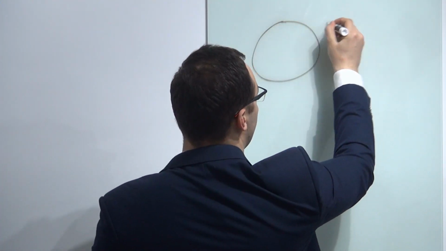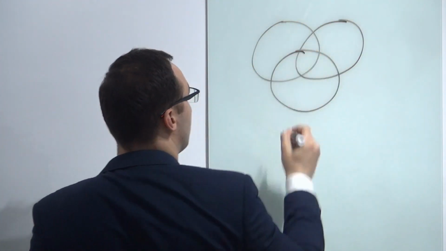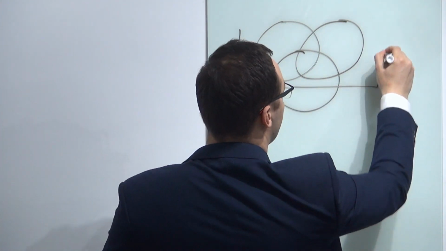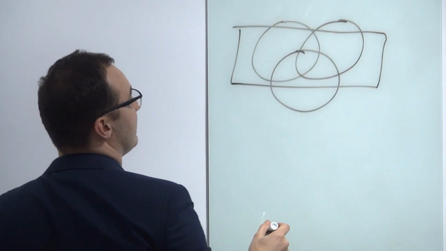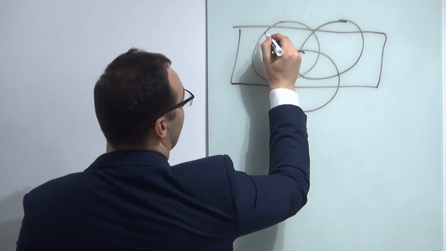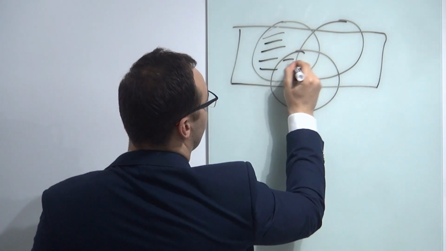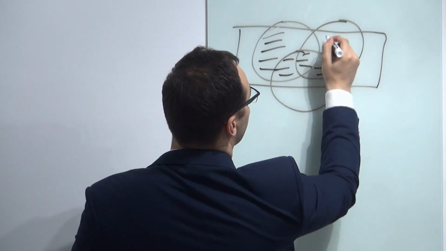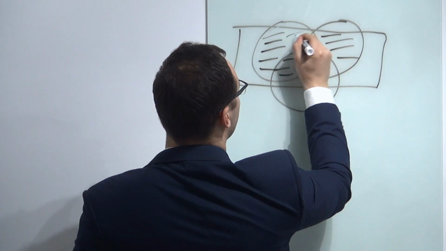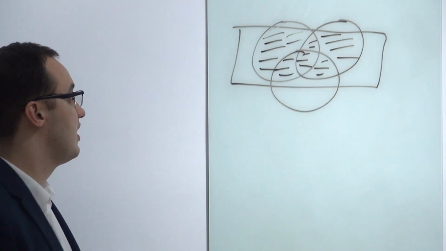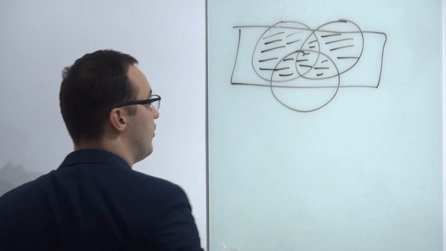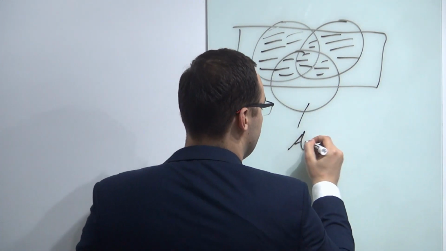We will make a ring here, and then another ring here. Then we will make a rectangle like that, and then we will mark this inner part here. Okay, this means we have 1, 2, 3 rings. This is asthma.